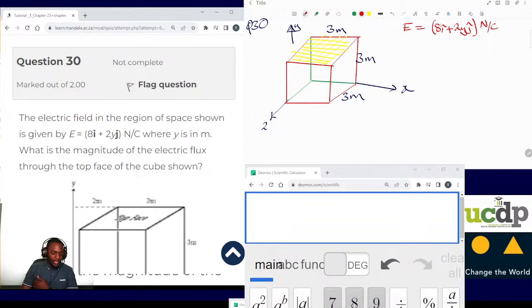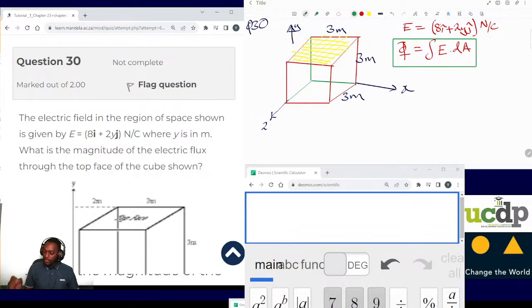And we are looking for electric flux, remember. So we know that our electric flux is equal to the integral of E dA. You should be familiar with this at this stage, right?